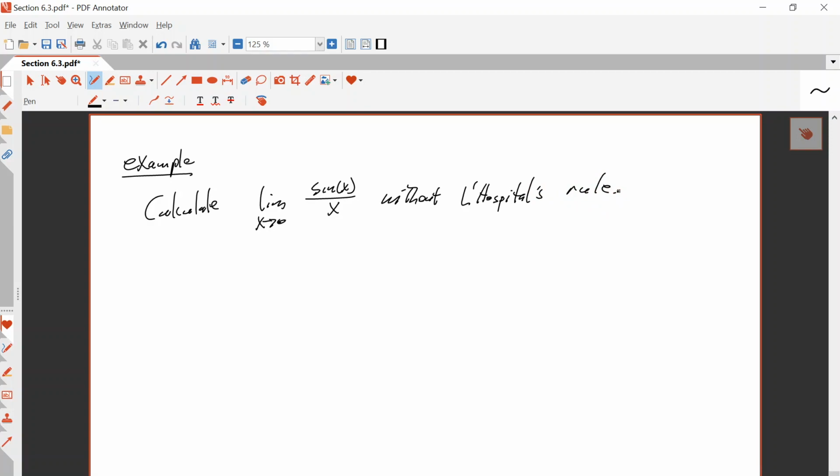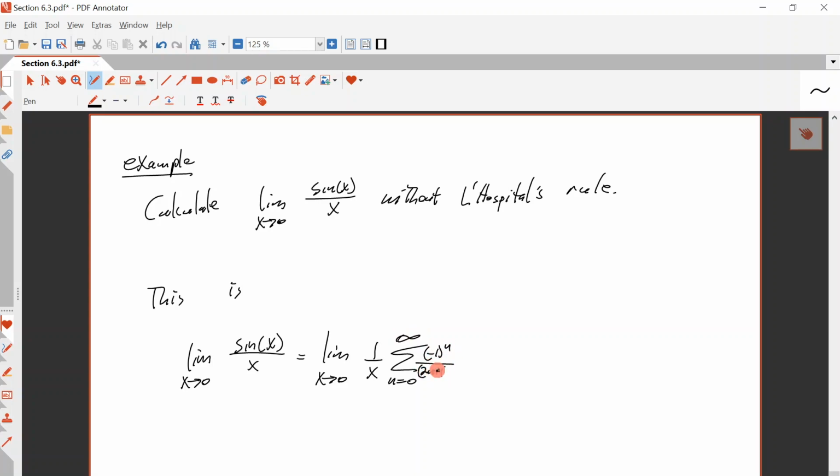Well, this is the limit as x goes to 0 of 1 over x times the sum, n equals 0 to infinity, minus 1 to the n over 2n plus 1 factorial, x to the 2n plus 1.